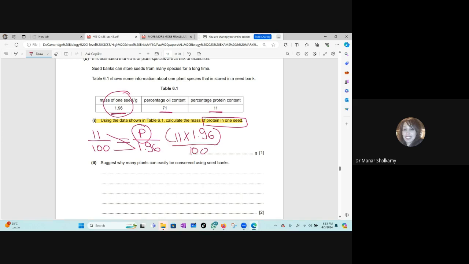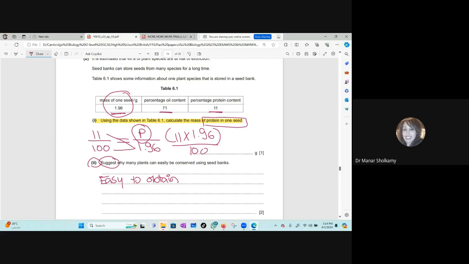Okay. Suggest why many plants can easily be conserved using seed banks. Suggest why it is easy to store plants. Very easy question. Seeds can be easily extracted from plants. Okay, give me another reason. Also, you can say easy to obtain seeds.